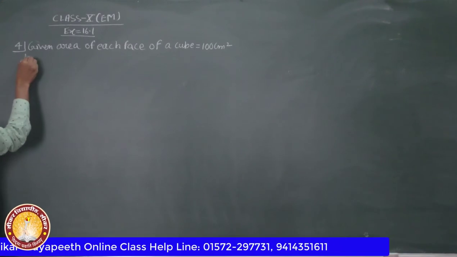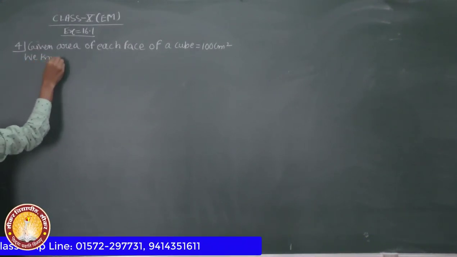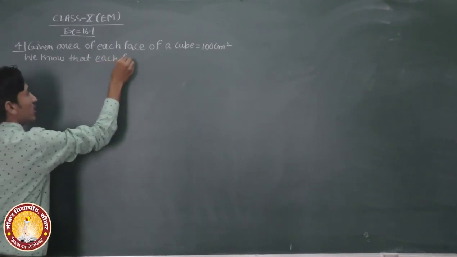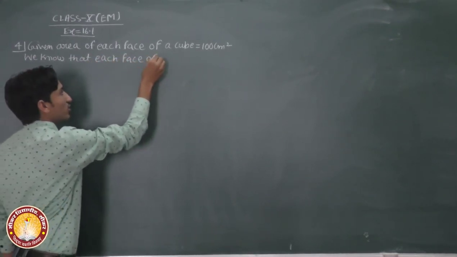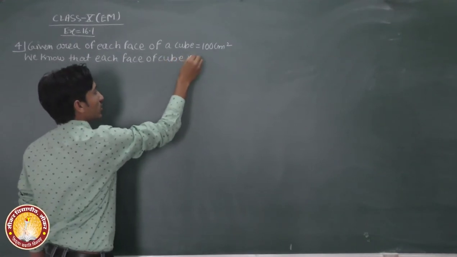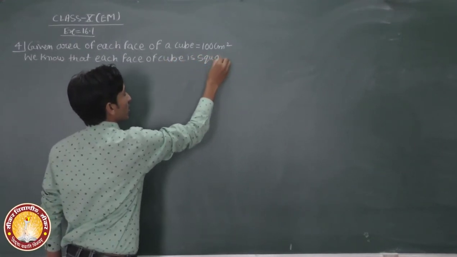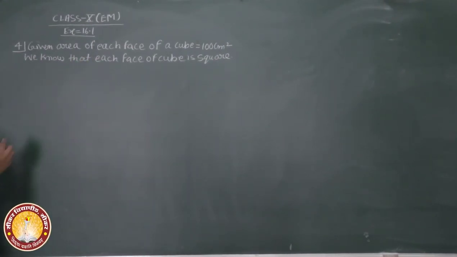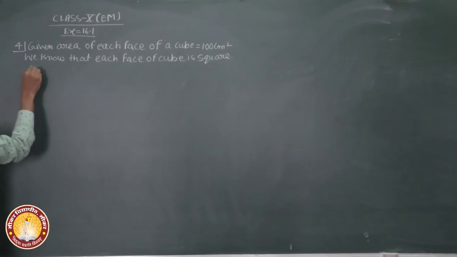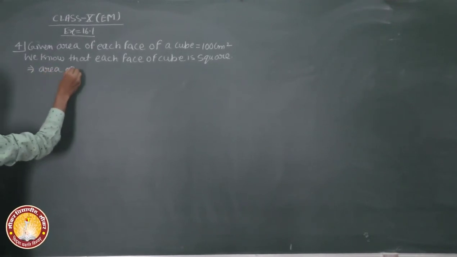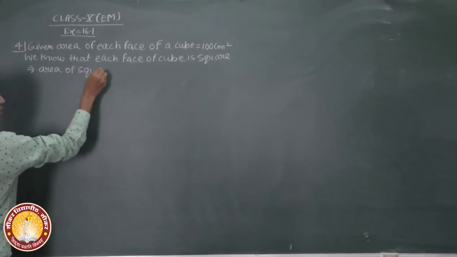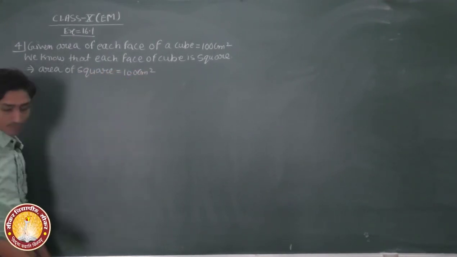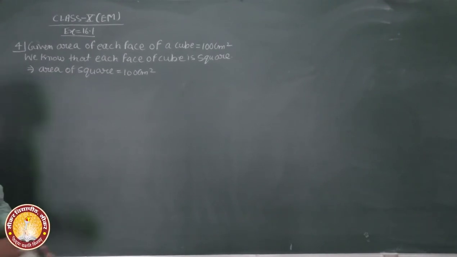We know that each face of a cube is a square. So the given area of the square is equal to 100 centimeter square.